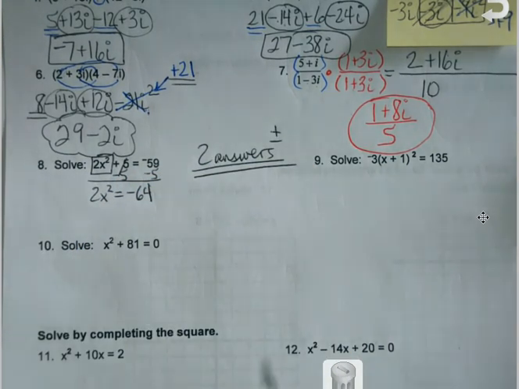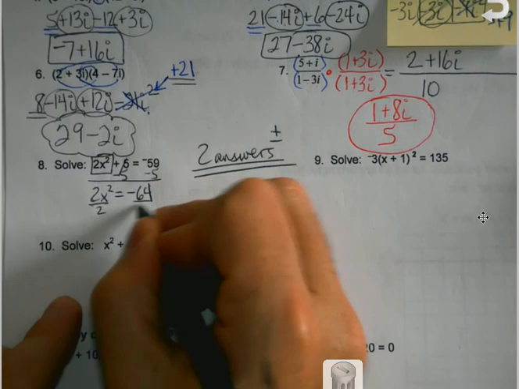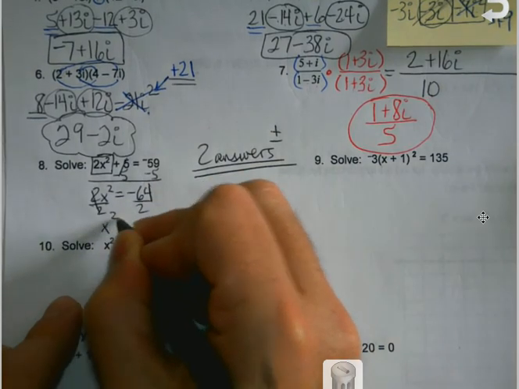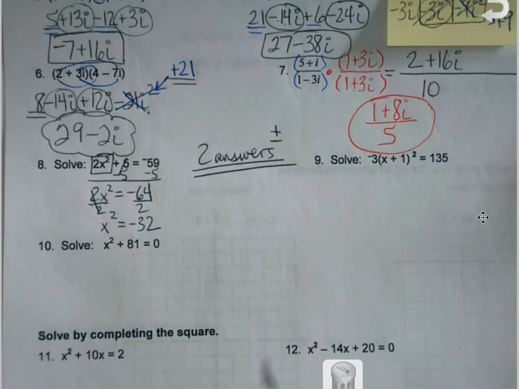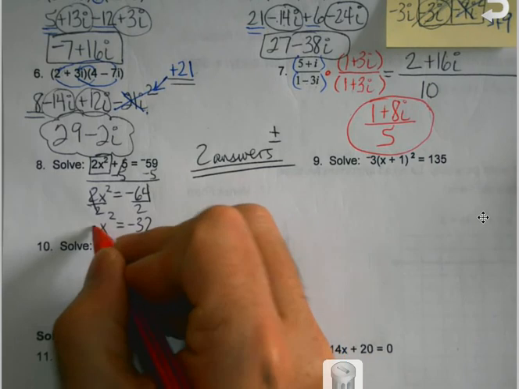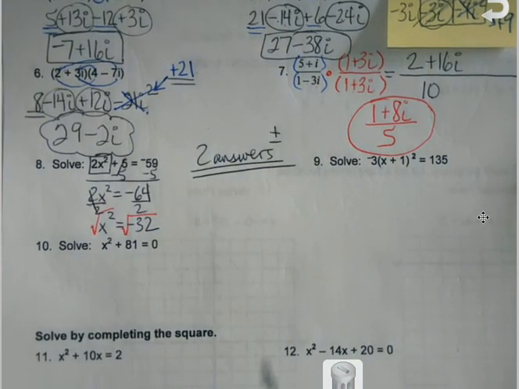Even when I get here, I see the 64. I want to do the square root now because it's a perfect square. No. Isolate, isolate, isolate. Now that x squared is alone, now I can go in and do the square root.